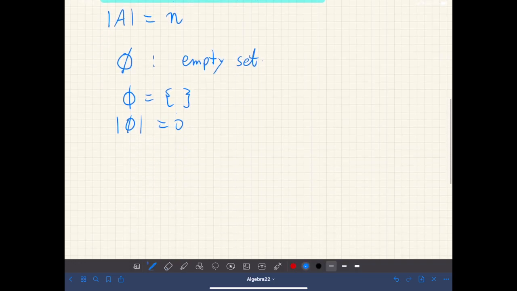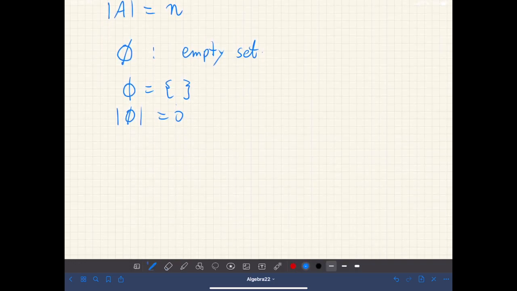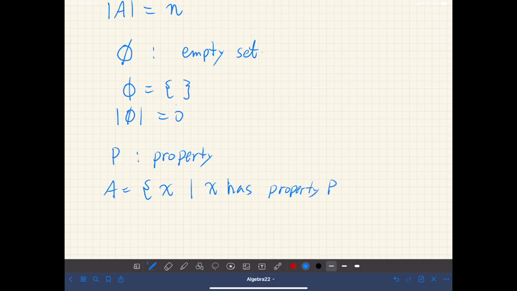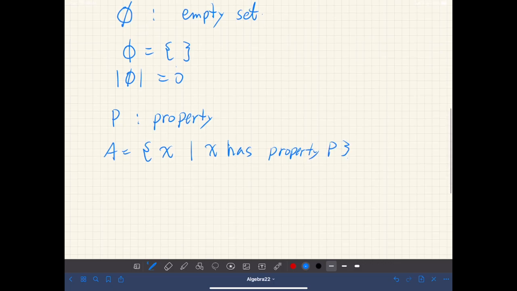But another way to define a set is to specify a property that is satisfied by the elements of a set. For example, let's say P is a property. Then we can define a set A as the set of x such that x has property P. Okay, but what is a property?